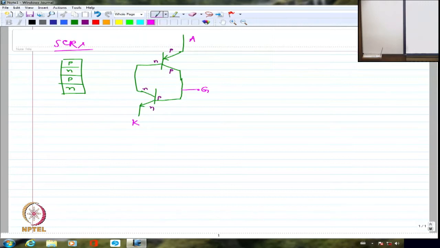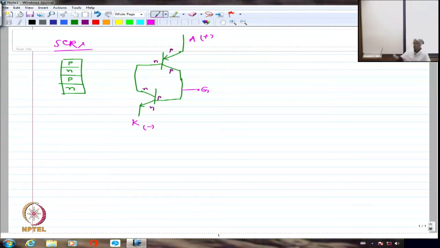So if we are looking at these two transistors, when I am applying positive to anode and negative to cathode, right? You can see that this transistor, this is the emitter. So emitter base junction is forward biased. Similarly here also emitter base junction is forward biased.